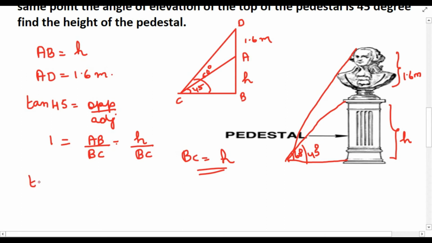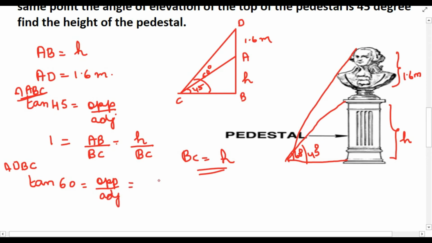Next we will take the right angle triangle DBC. First we have taken the triangle ABC, now next DBC. From that, tan 60, again tan formula is opposite side by adjacent side.